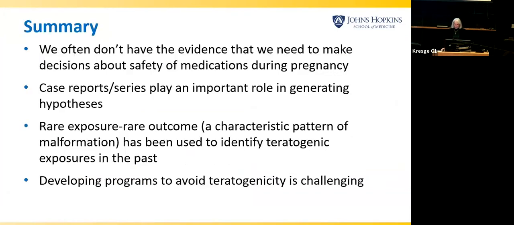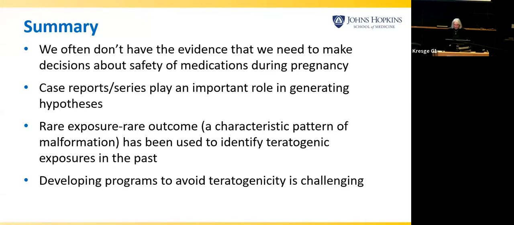So I'm going to end by saying we often don't have the evidence that we need. That's what we keep hearing again and again. We don't have the evidence that we need to make decisions about the safety of medications. But case reports and case series can play an important role, lots of times in generating hypotheses, but sometimes even going further than that. We don't want to wait for that perfect study. We can't wait for that perfect study.